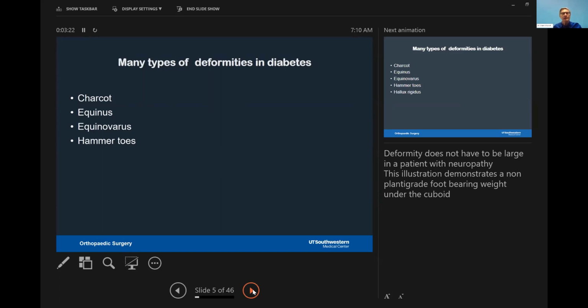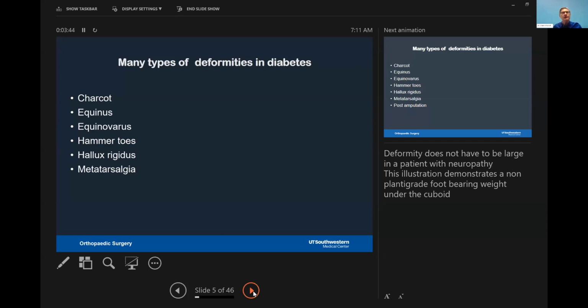There are people that have hammer toes, and shoes will rub on the top of the hammer toes. There are people that have a stiff big toe, hallux rigidus, and they get ulcers underneath their hallux interphalangeal joint. Metatarsalgia is very common in people with hammer toe deformities because the metatarsal heads become prominent.